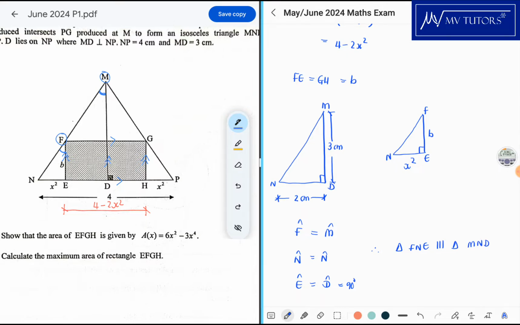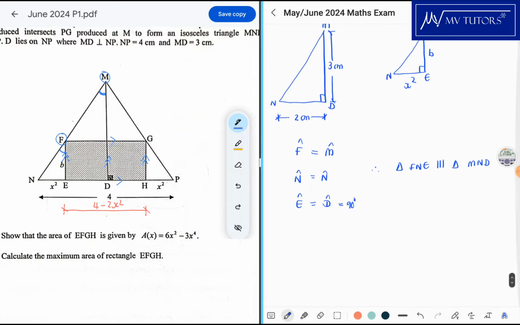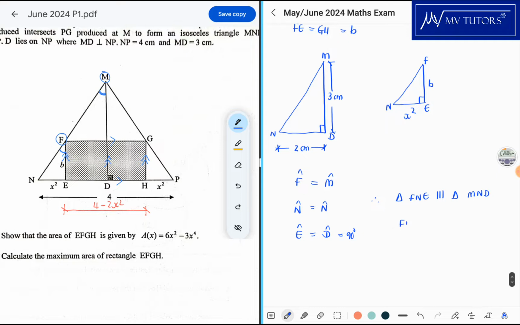If that's the case, we can use proportionality, because really you just need two sides that are parallel. So we can say FN over MN is equal to NE over ND, which is equal to FE over MD.